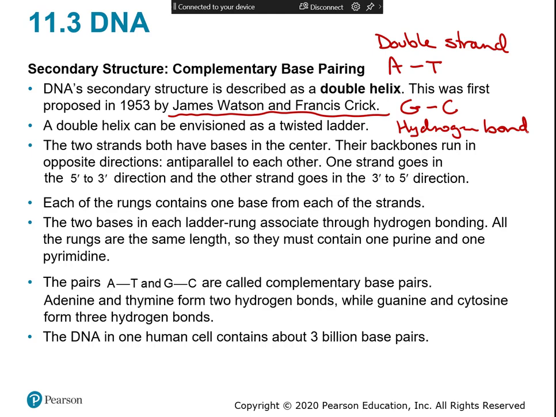So if one strand is from 5 to 3, the other strand's 3 to 5. So they go in opposite directions, and they say they're anti-parallel. They published this and everybody was like, you're right. And they were like, yeah, it was a long night. But the strands run in opposite direction.